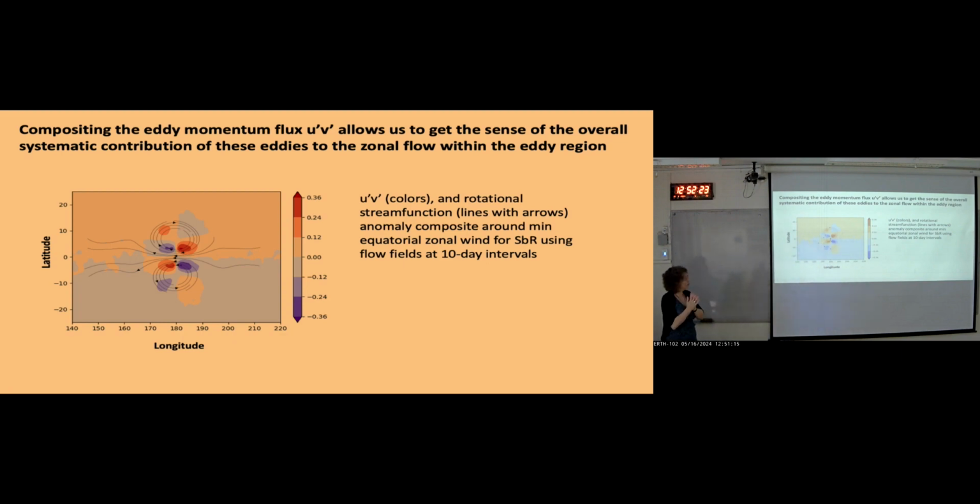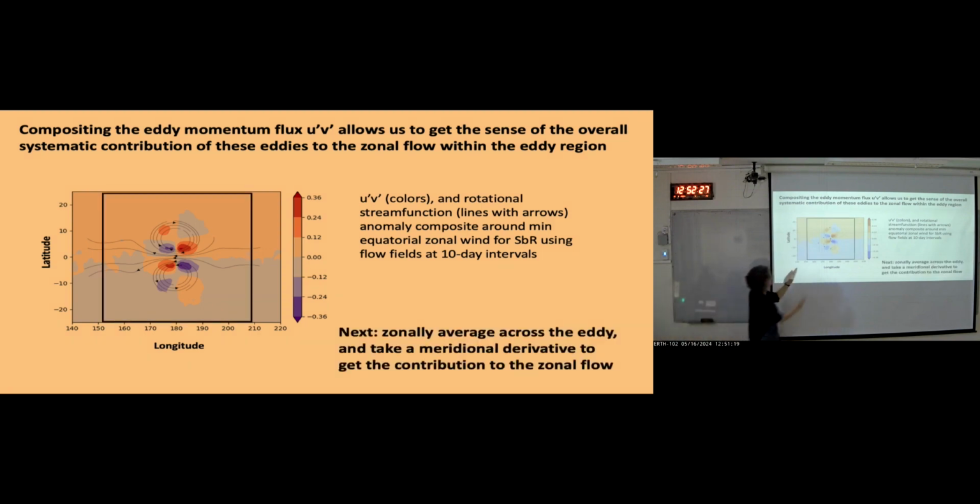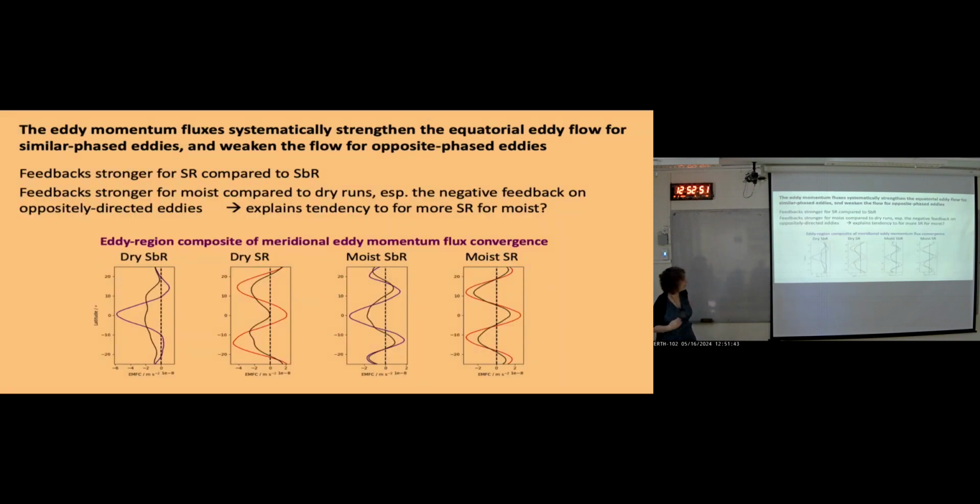And so what we do is we average over the region of the eddies, just the meridional eddy momentum flux. We do this both for the same signed eddies, so the eddies that have subrotational flow in the subrotating case, and the oppositely signed eddies, eddies that have superrotating flow in the subrotating case. And we do this for all cases.